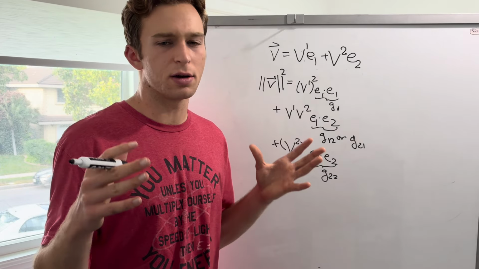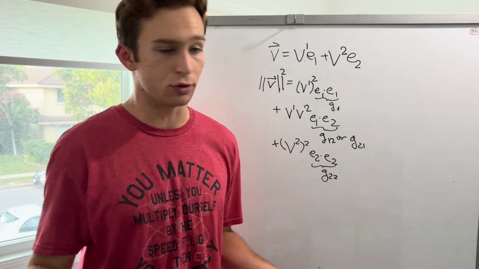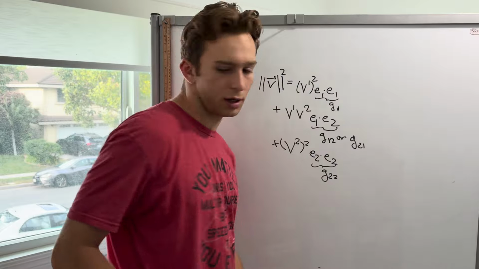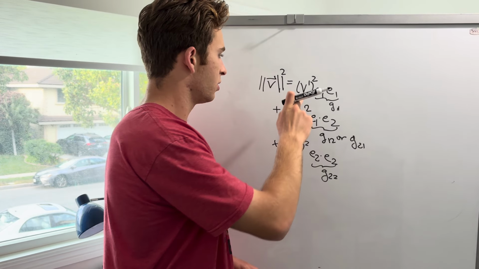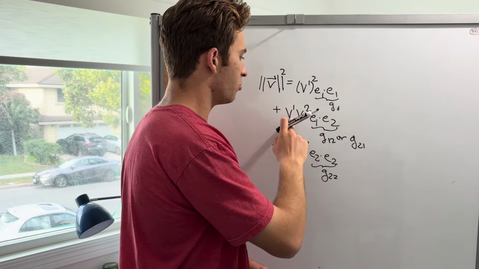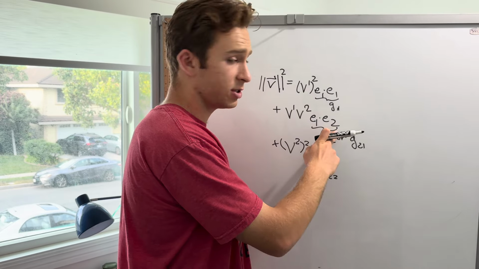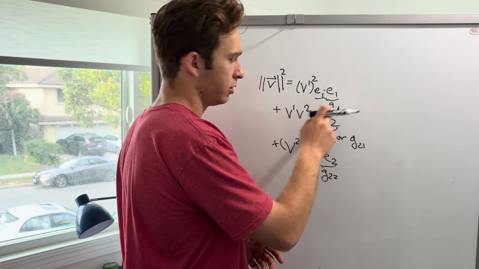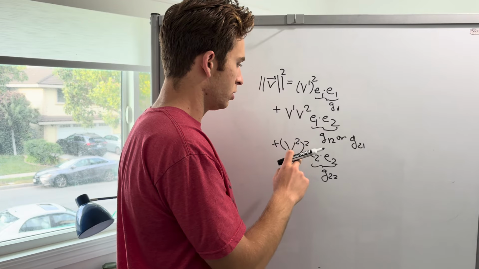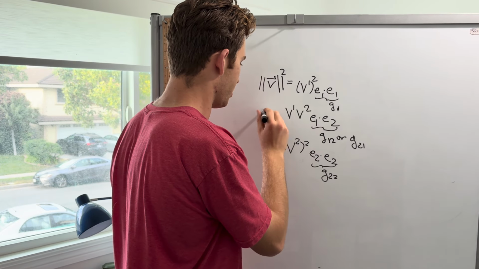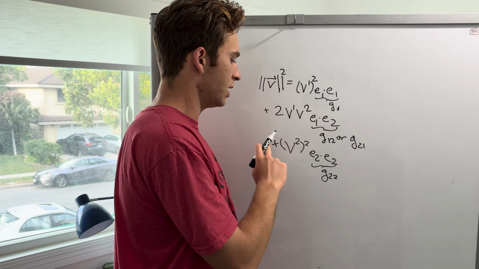We can actually compact this into a summation formula. Think about it right here, we have v1 times v1 and e1 times e1, and then we have v1 times v2 times e1 times e2, and so you have this pattern 1,1, 1,2, 2,1, and these are obviously the same, so there's actually 2 of them, my bad, I forgot to put that, and 2,2.